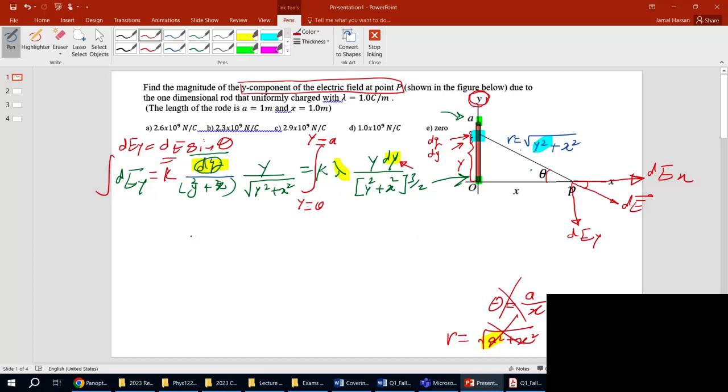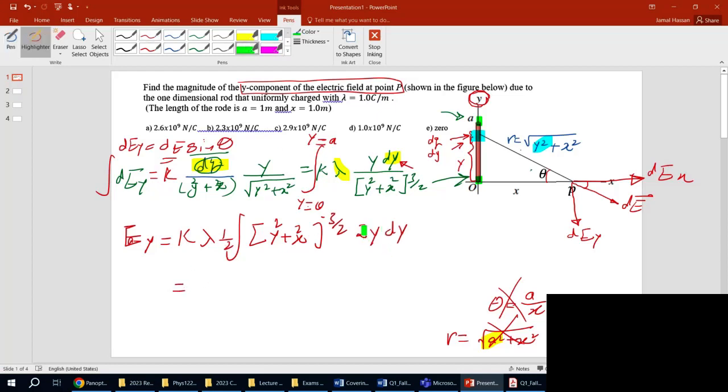Okay, so the left-hand side of this integral simply gives Ey. The right-hand side integral is easy. I don't want to go through it in detail, but it is y squared plus x squared to the power minus 3 over 2 times y dy. You could multiply by 2 and divide by 2, right? So you already know that this is the derivative of the term inside.